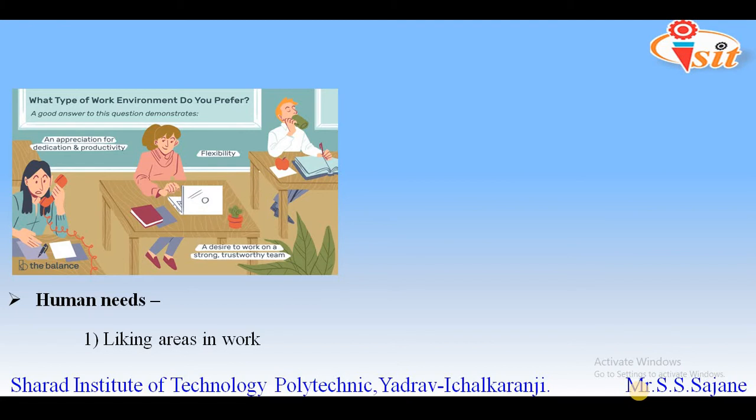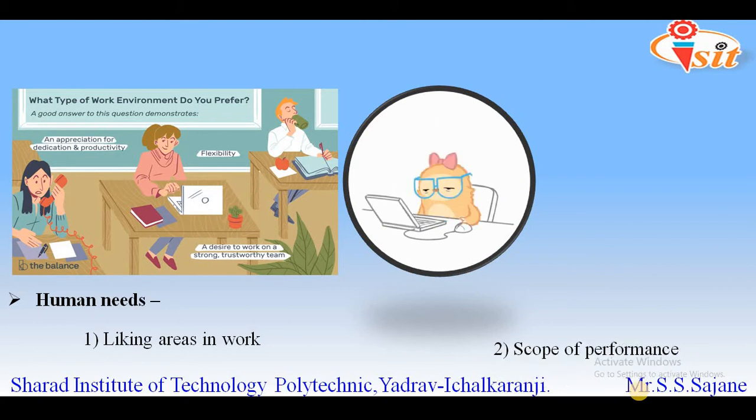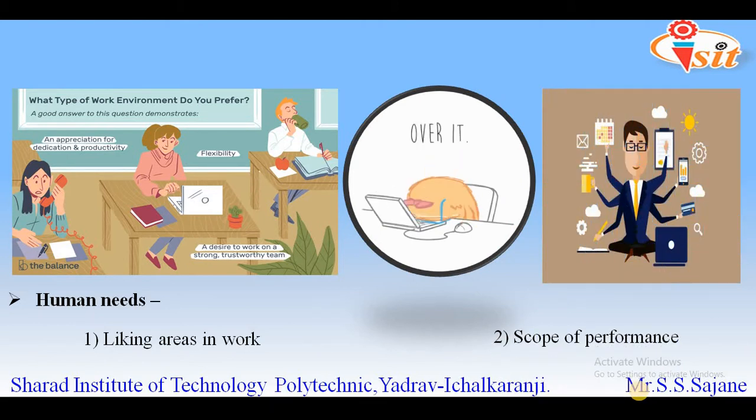The second human need is scope of performance. If the employee is given a repetitive task, that is, he has to perform the same task throughout the day for several years, then definitely that employee will get bored with doing the same repetitive task.